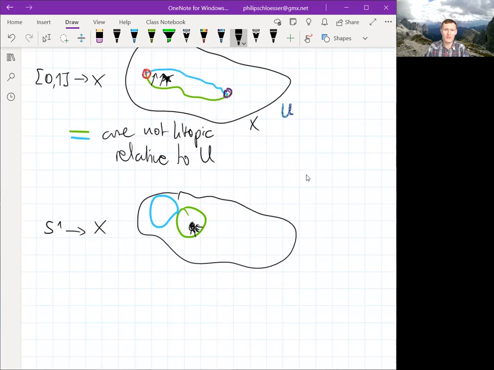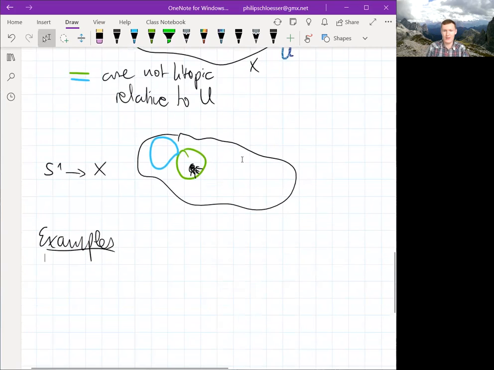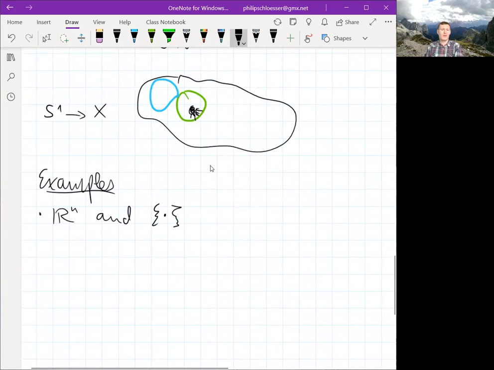Now for a couple of homotopy equivalences that we use all the time. Firstly, we have R to the n and the set containing one point. So now how do we construct these maps that we need to define?